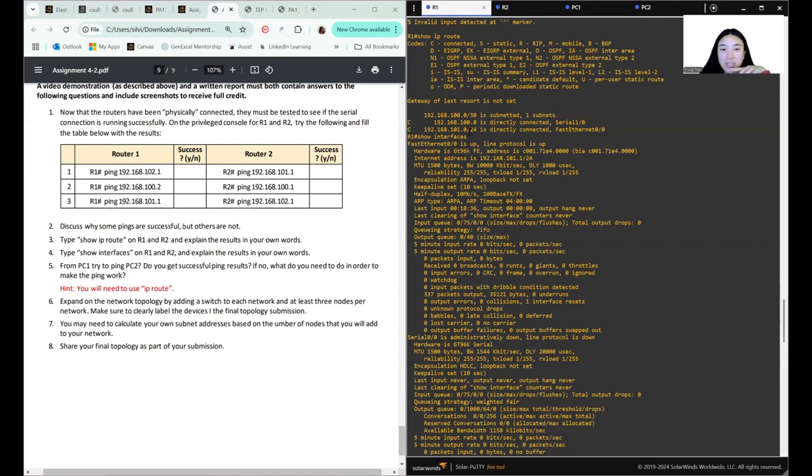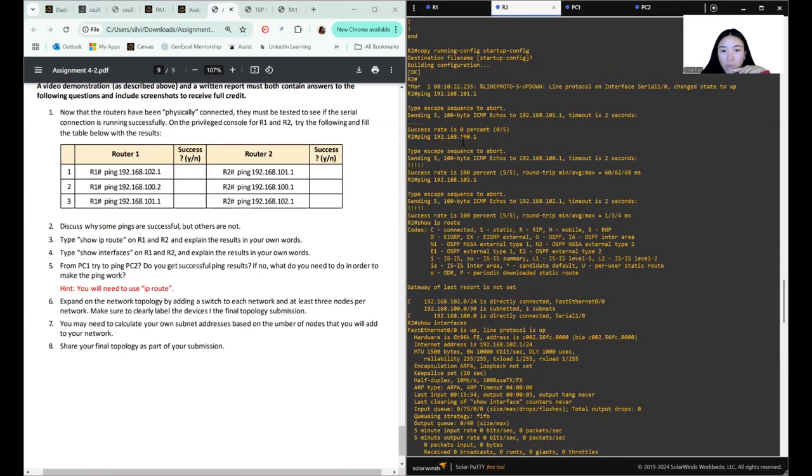The C represents connected, and so it shows that it is directly connected to serial 1/0, and then it's also connected to fast Ethernet 0/0, and then same thing for router 2. It shows that it is directly connected to the fast Ethernet and the serial Ethernet as we did previously.